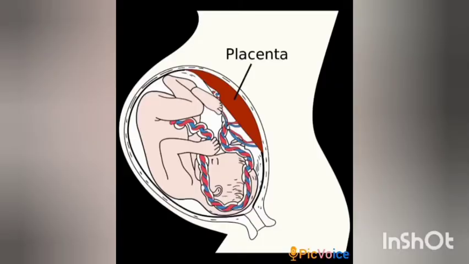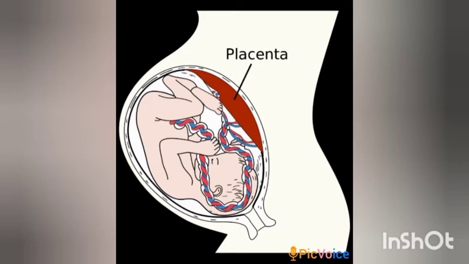The embryo requires nutrition and oxygen for its growth. The embryo gets nutrition from the mother's blood with the help of a special tissue called placenta. You can see the placenta in this picture.